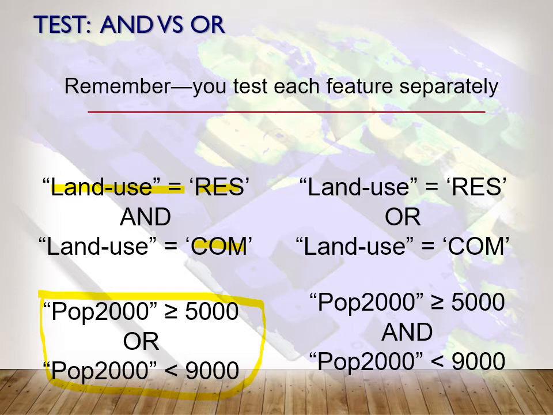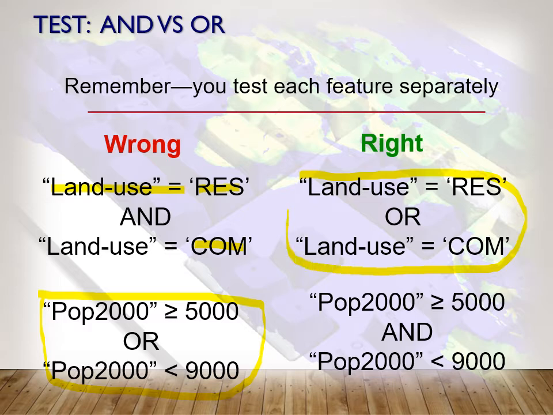So what we find is that the left column is the incorrect one and the right column is the correct one. With most land use databases, you can only have one type of land use per polygon. So you're going to either have residential or commercial. So if you want both of those, then you use an OR Boolean operator.